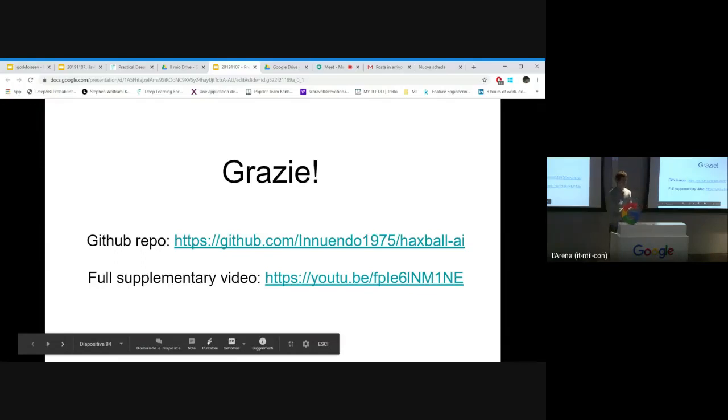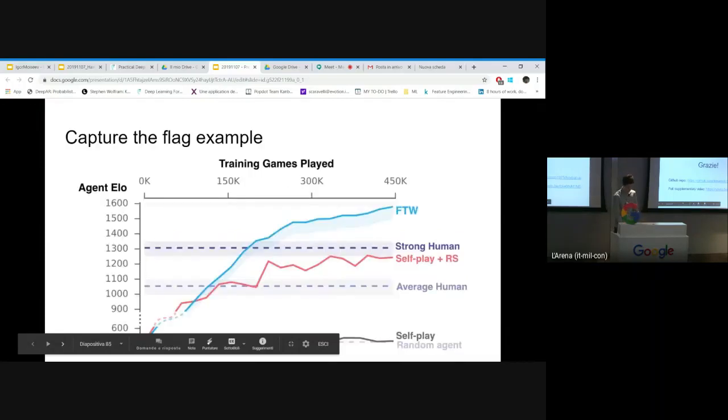Yes, because self-play itself is not the perfect strategy. Actually, I can show you this graph. It came from the Capture the Flag game implemented by OpenAI. As you see, the self-play strategy performs almost like a random agent.